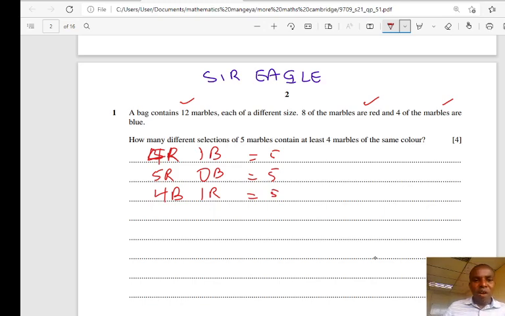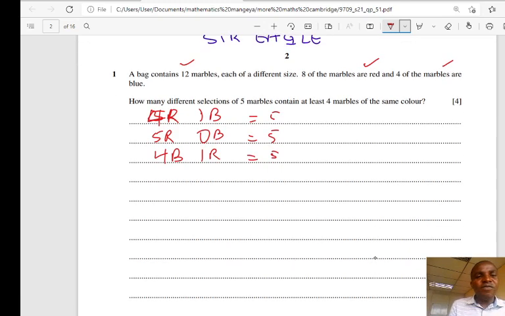In this case, how many selections can we make? From the 8 red we can choose 4, and from 4 blue we can choose 1. 4 plus 1 is 5.